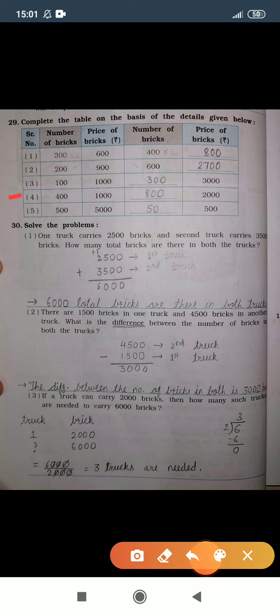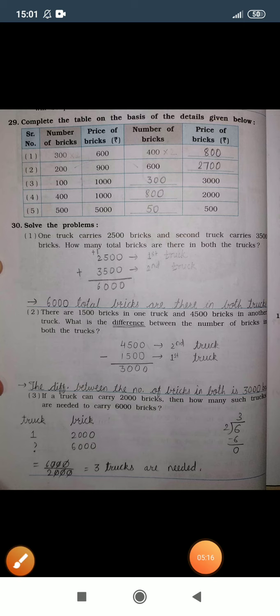Let's see next question, that is question number 4. Number of bricks given 400. The price of these 400 bricks was 1000 rupees and the price is given 2000. We need to find out the number of bricks. Let's see. Now what is given? Bricks and price. Again 400 bricks price was rupees 1000 and 2000 price is given, and we need to find out the total number of bricks.